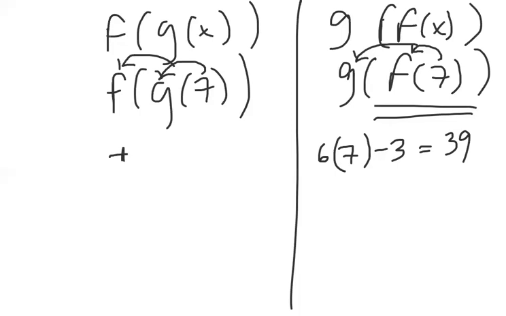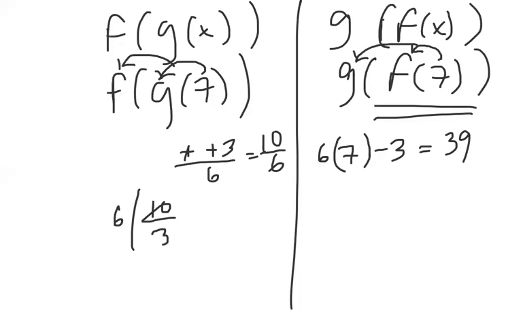Right, 7 plus 3 divided by 6. And then you have to take that and plug it into the other function. 7 plus 3 divided by 6 is going to give you 10/6. Then you have to take that and plug it into the other one. Whoops, that's a 6. And then minus 3. So this cancels out. So you get your 10 minus 3. So that's how you get your 7.